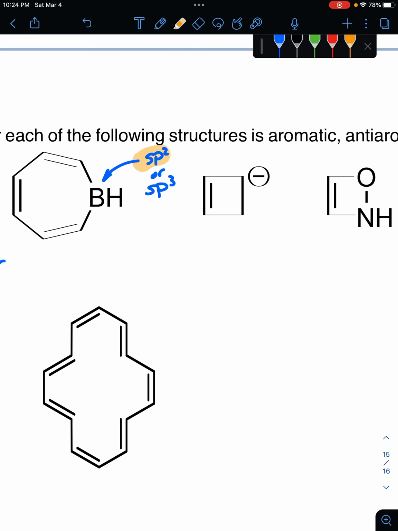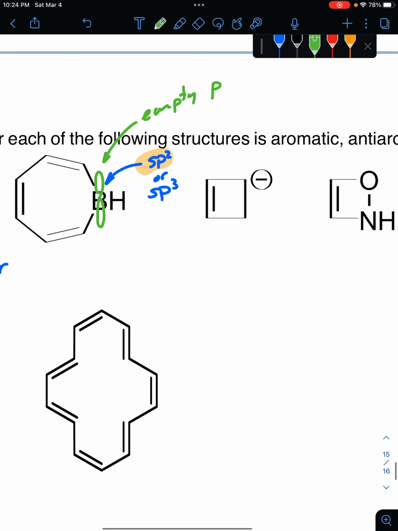So this has to be sp2 hybridized as well, and because there's no lone pair, we conclude that there is an empty p orbital. And remember, any atom comes with 3 p orbitals, so if you use 2 of them to make sp2 hybridized orbitals, there's 1 p orbital left over.